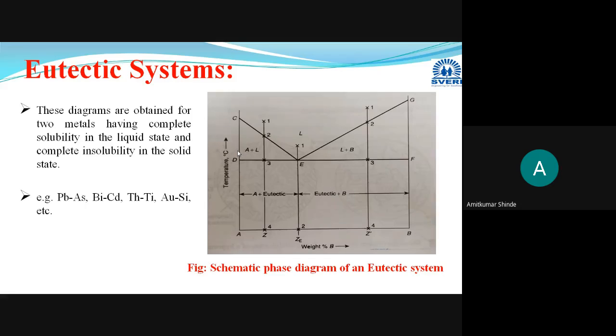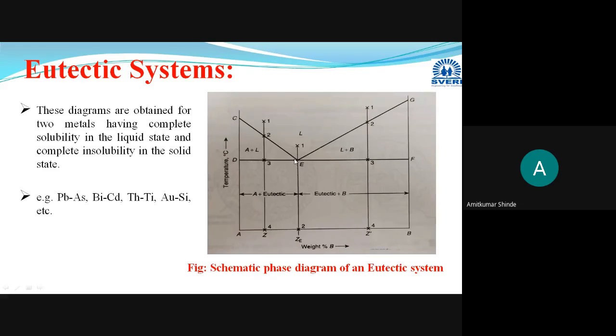First, you can see clearly here, we have drawn this diagram by considering elements A and B. This point C is the melting point of element A, and this point G is the melting point of element B. Here, two inclined lines are present, line CE and line GE.